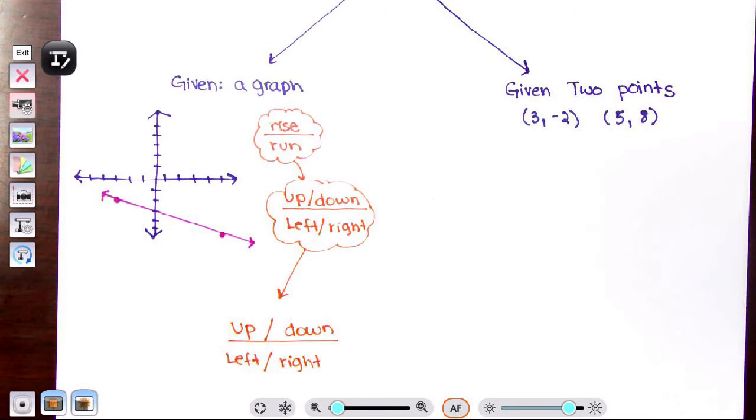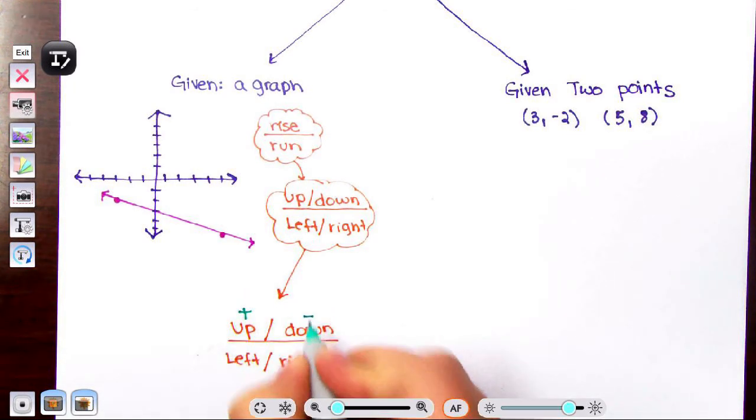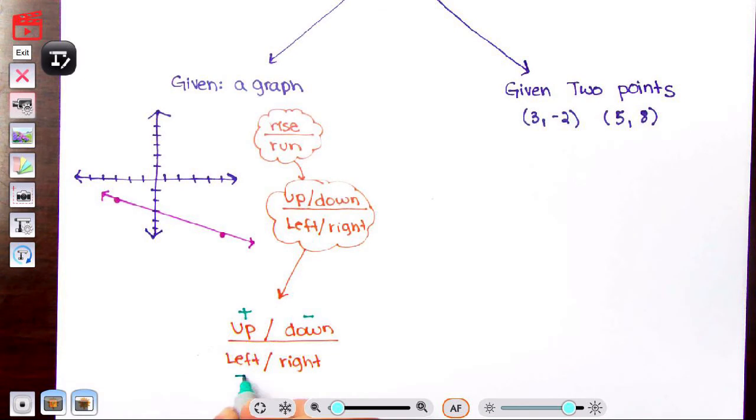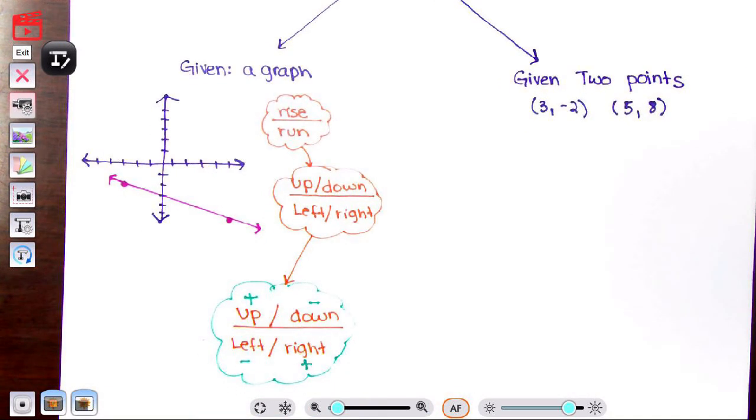So if I go up, I'm going towards the positives, so I'm going to have a positive number. If I go down, it is a negative. If I go left, it is a negative. If I go right, it is a positive. So using up, down, left, right will tell you the negative or the positive of that.